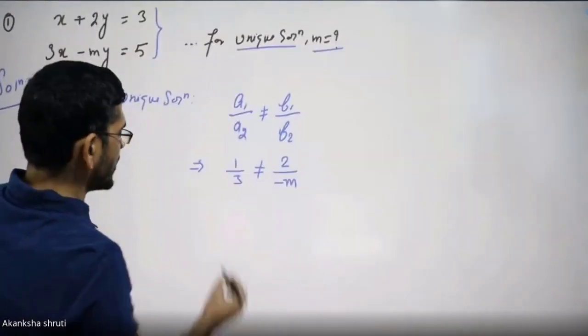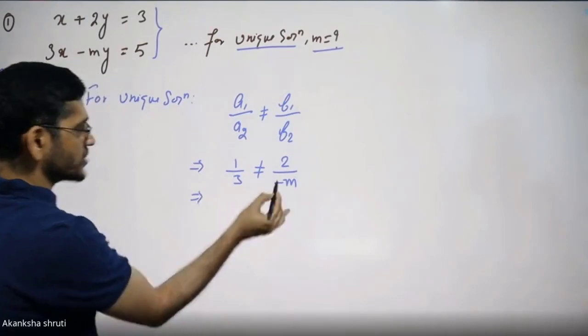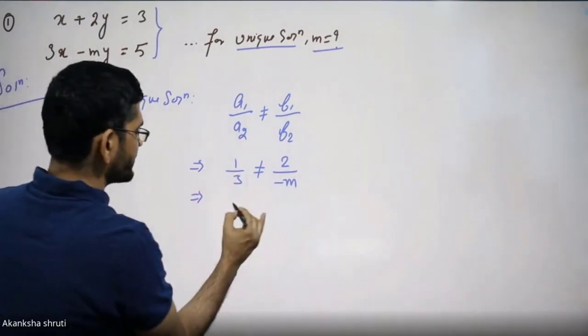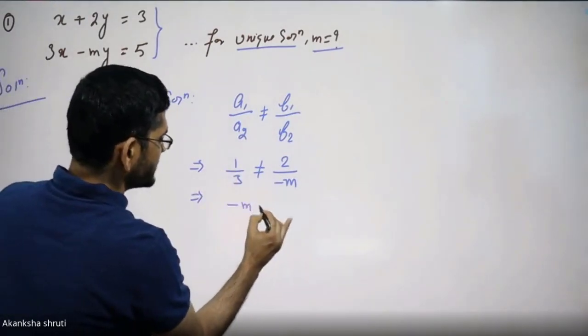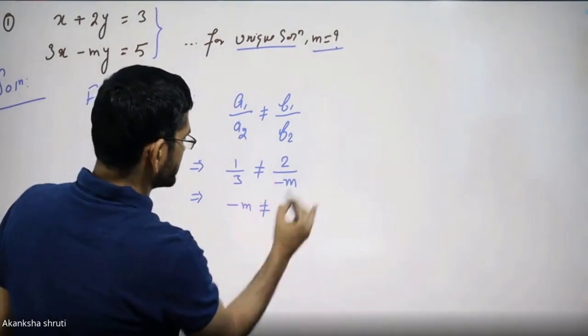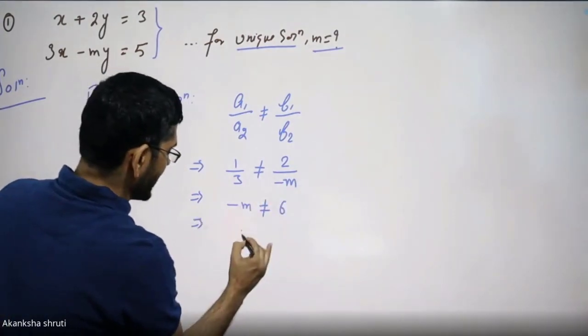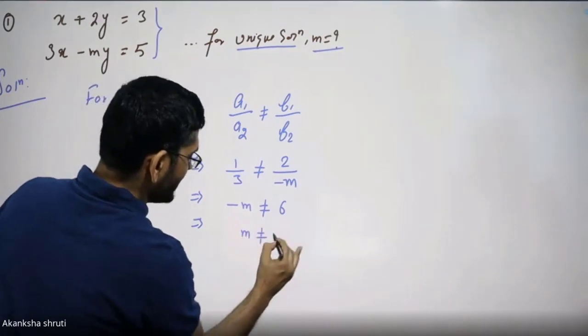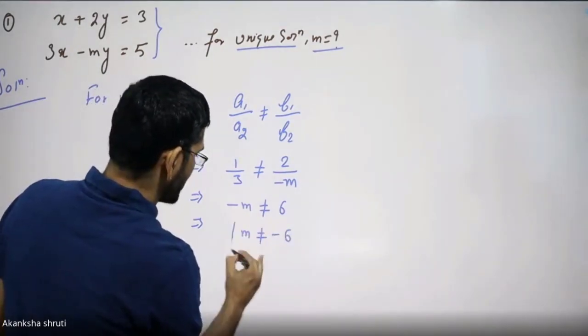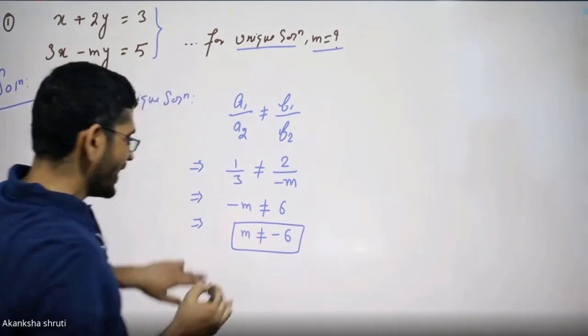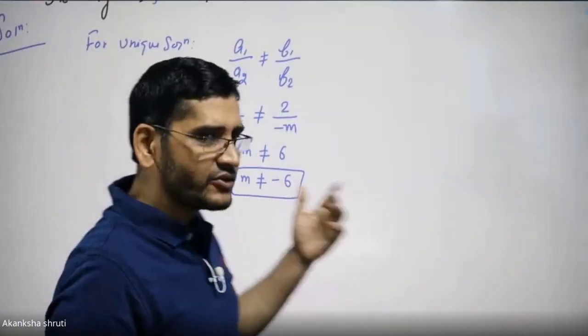So we have to solve this inequality. How to solve? Go for cross multiplication. So minus m should not be equals to 3 times 2, that is 6. Or sending this minus to the other side, m should not be equals to minus 6.